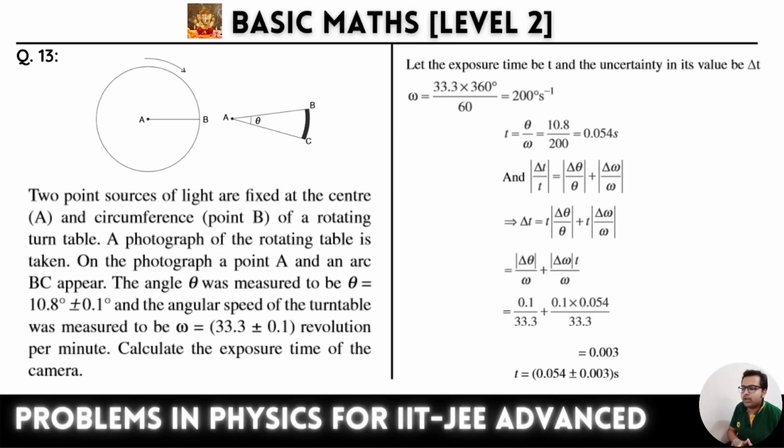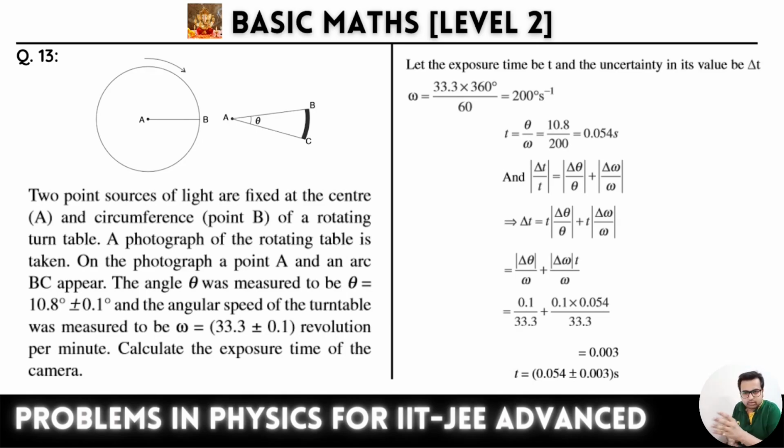Now we have to calculate delta t. In the problem, for every parameter, uncertainty was also given. But first we didn't consider the uncertain values; we just considered the original values and solved to get the original time. Now we will consider all the uncertain values to calculate the uncertainty in time, that is delta t.